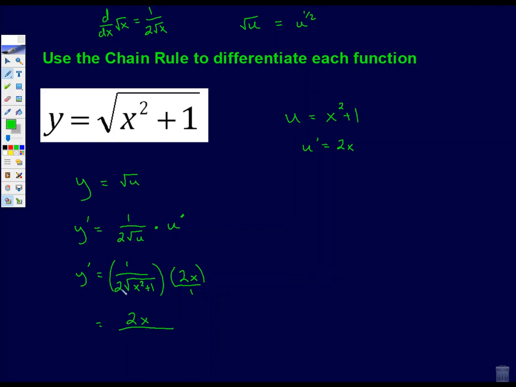The denominator is 2 times the square root times 1. So we're just multiplying the two fractions together, multiplying the numerator, multiplying the denominator. And then the only obvious simplifying that's easy is noticing there's a 2 as a factor of both the numerator and denominator. So just get rid of those. So my simplest answer, I think, would just be x over the square root of x squared plus 1.